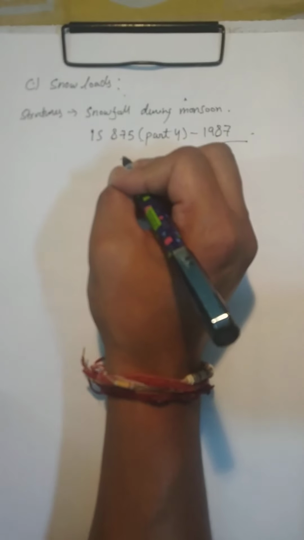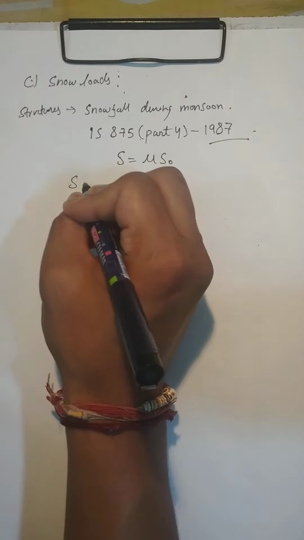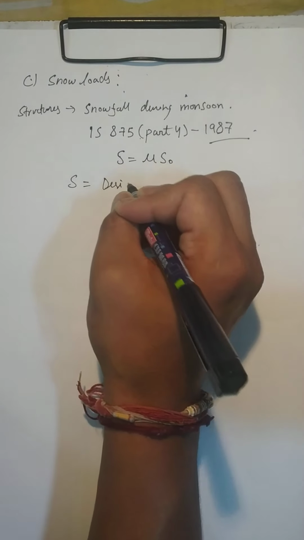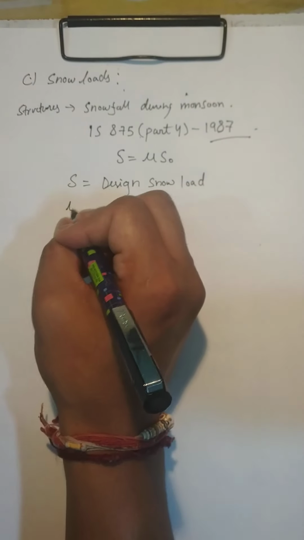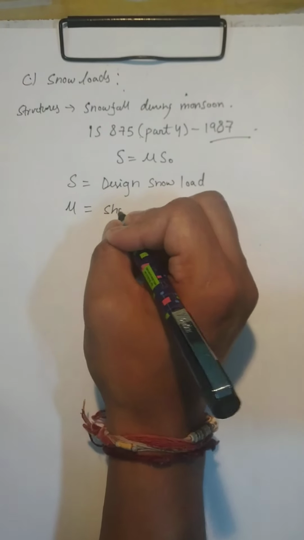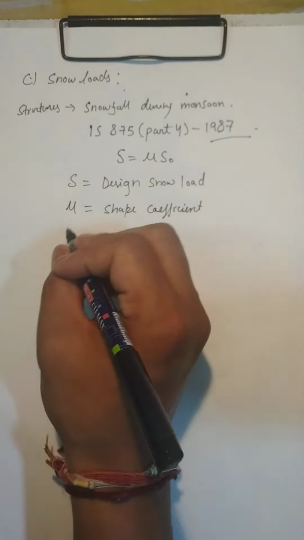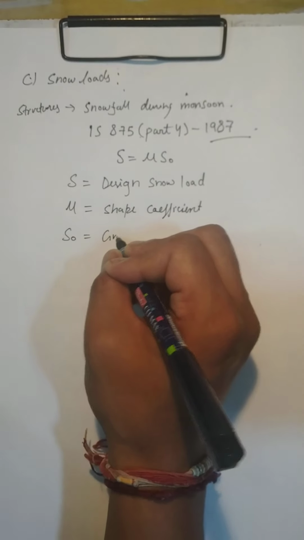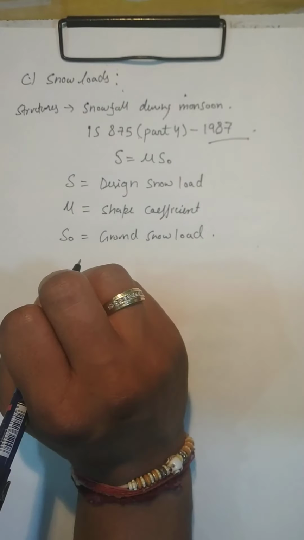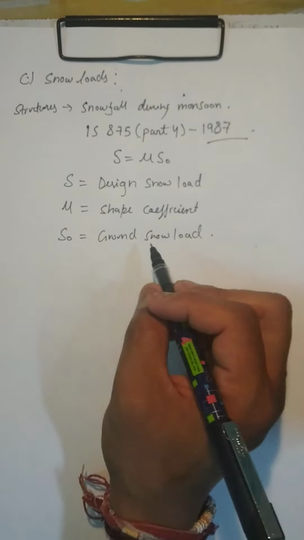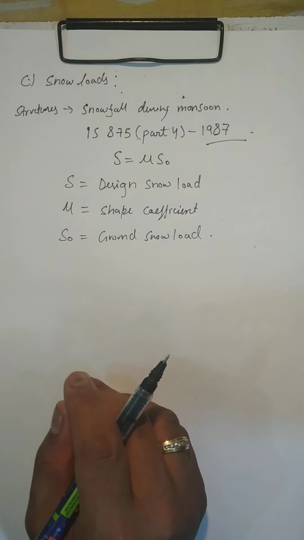And snow load can be found using this formula, where S is design snow load, Mu is shape coefficient, and S0 is ground snow load. Right. So these are the three loads which we consider under vertical loads.